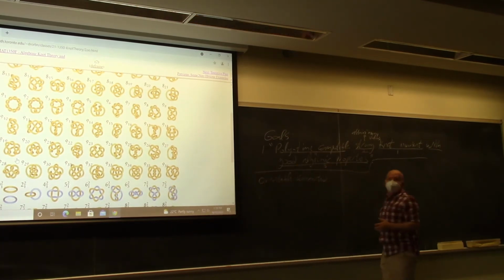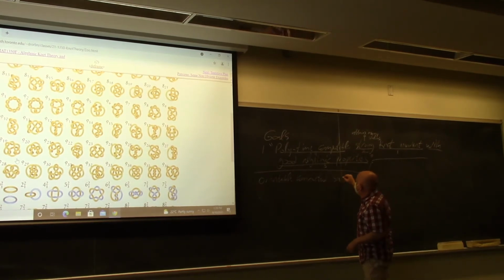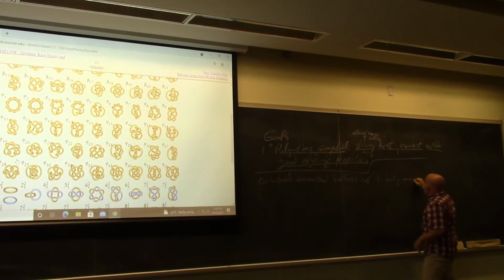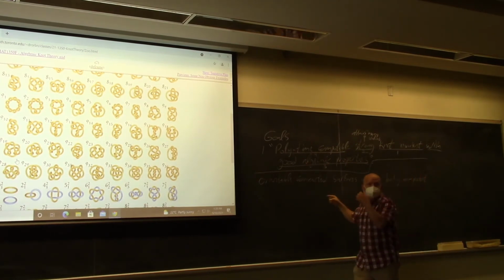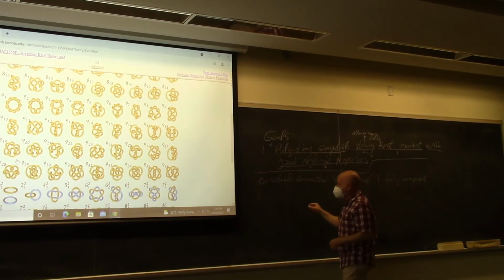But the classification theorem is about oriented, connected, 2-dimensional surfaces with 1 boundary component. So the theorem says that all such surfaces are in the following list.